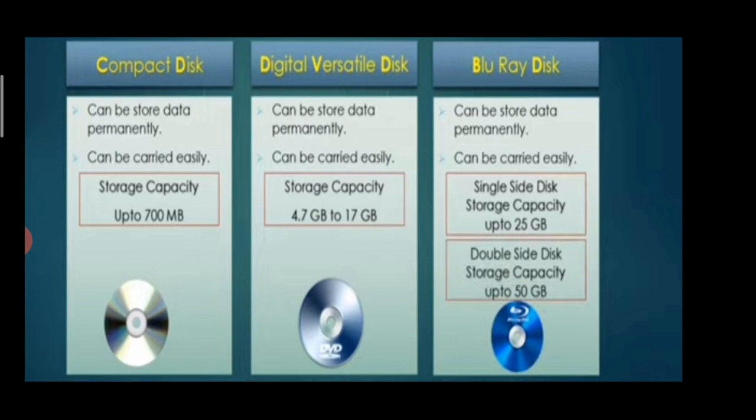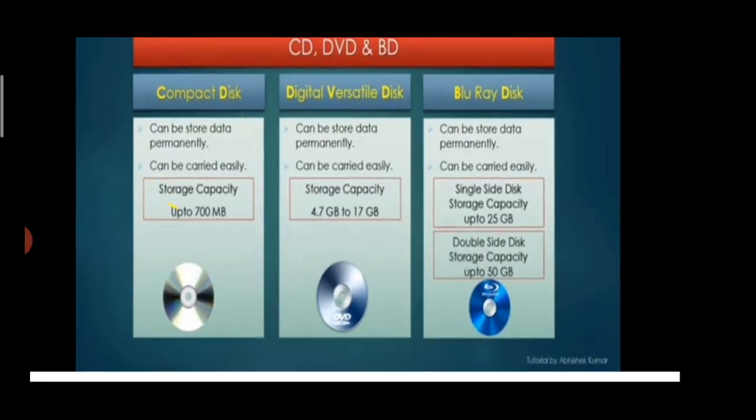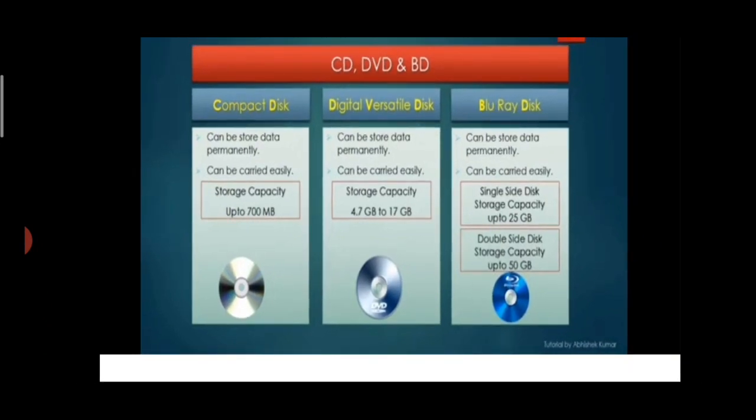Single side disc and double side disc have different capacities. A single side disc can store data up to 25 GB, but the double side disc storage capacity is doubled, so it can store data up to 50 gigabyte. So these were the storage capacities of these three devices.